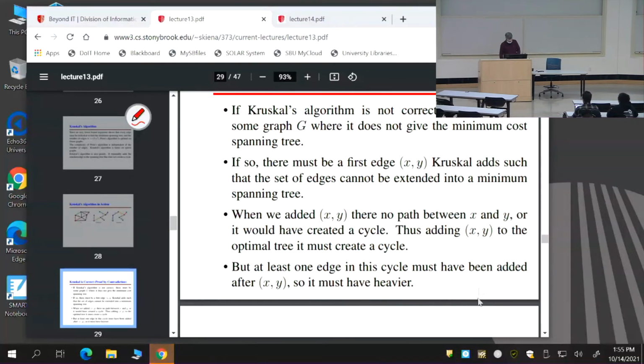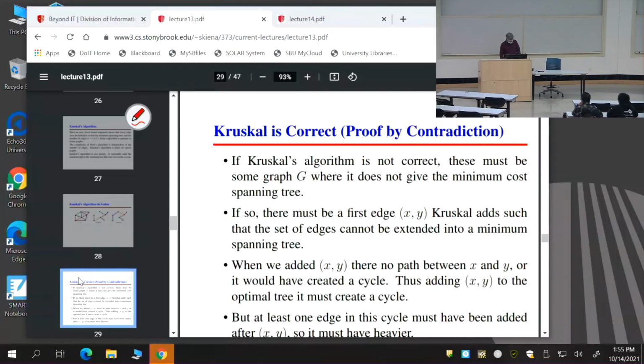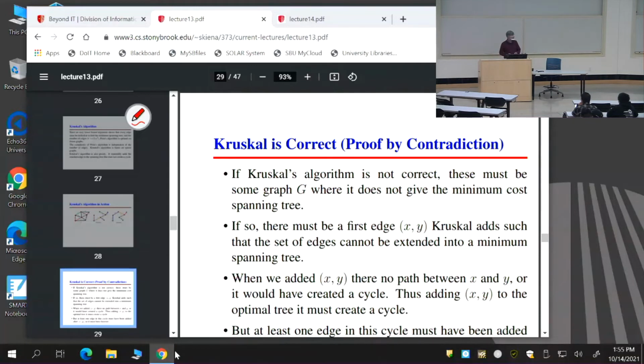Okay, why is Kruskal's algorithm correct? You need the same kind of idea of a proof by contradiction. If Kruskal's algorithm is not correct, what does that mean? Well, there must be some example where it's not giving you the minimum cost spanning tree. Let's run Kruskal's algorithm on this.